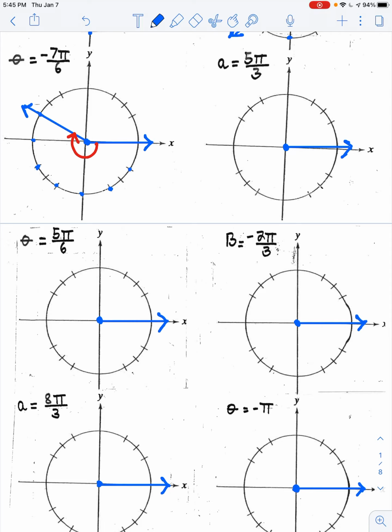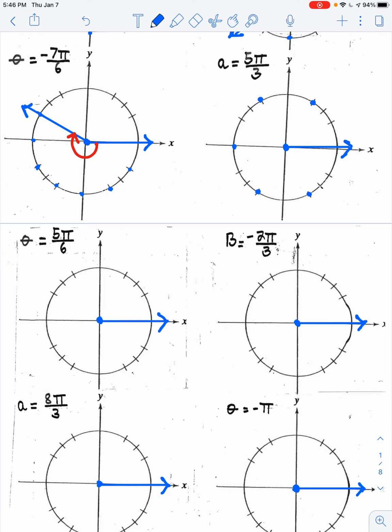So like counting by multiples of pi over 3, this would be going counterclockwise. 1 multiple of pi over 3, or 60 degrees. Then this would be 60, 30 and 30. And then this would be the third, 4, 5.